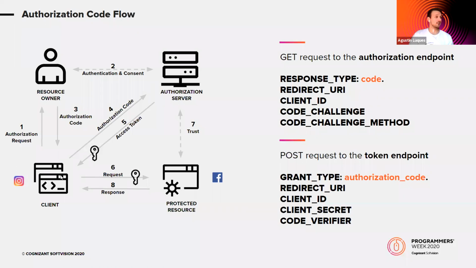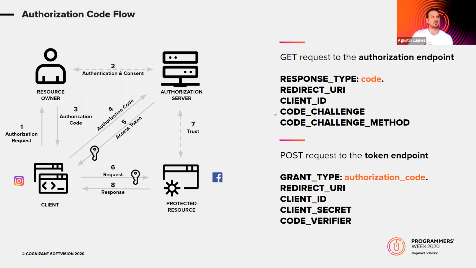You can see that the client redirects the user to the authorization server. The user will log in. The authorization server will return the authorization code to the client. The client will send the authorization code to the token endpoint and will receive the access token that will be used in each request. That's all.